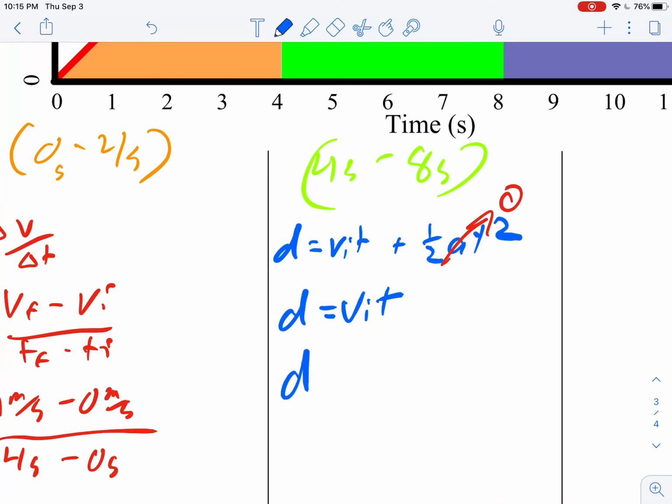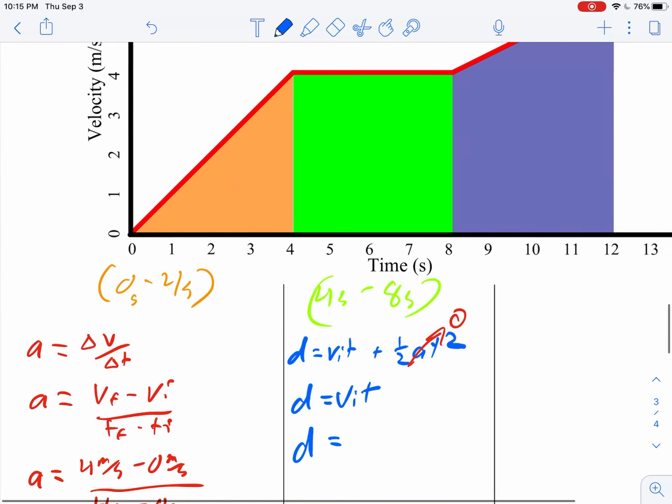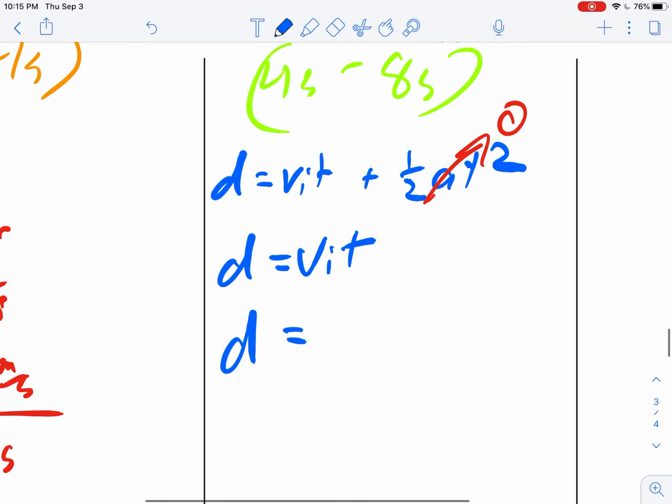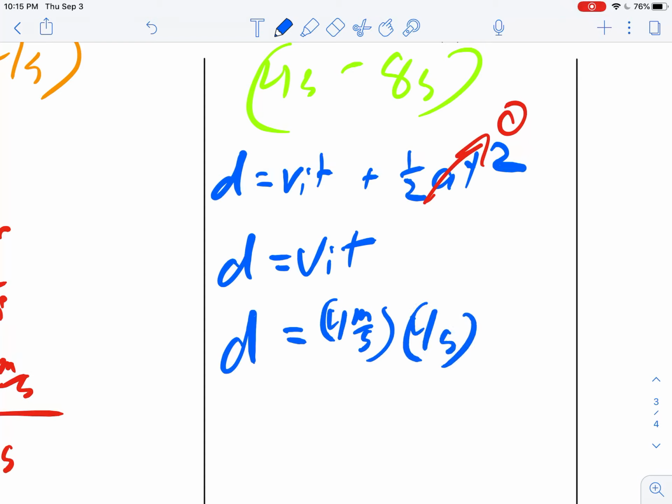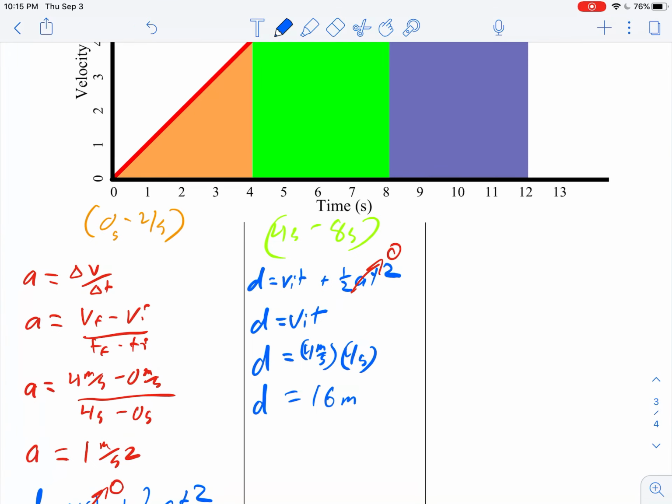All right. The time interval goes from 4 to 8 seconds, so this time segment is 4 seconds long, during which I'm moving at a speed of 4 meters per second. So 4 meters per second for 4 more seconds means that I'm now 16 meters even farther.